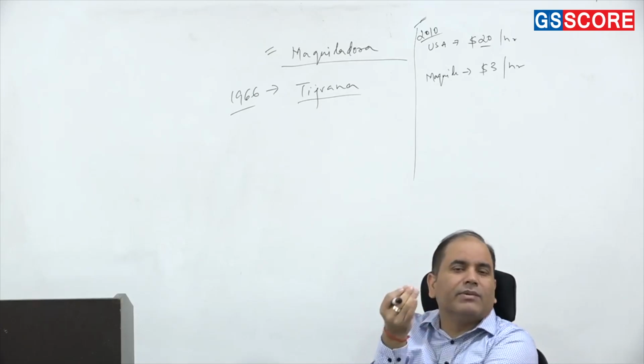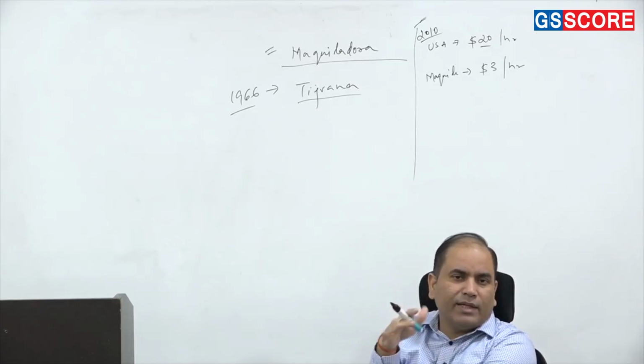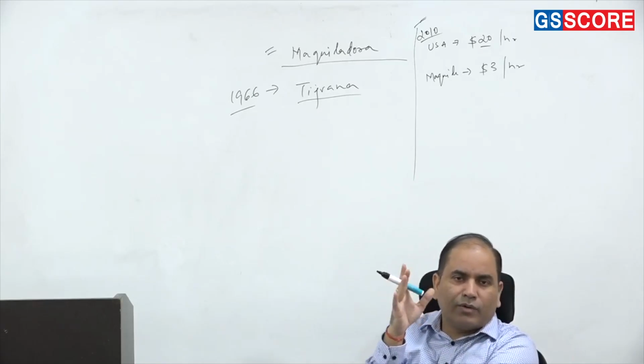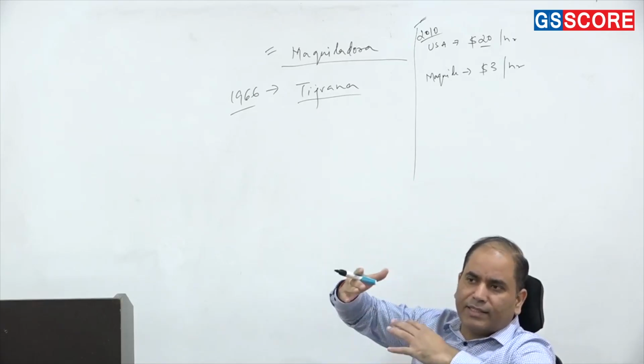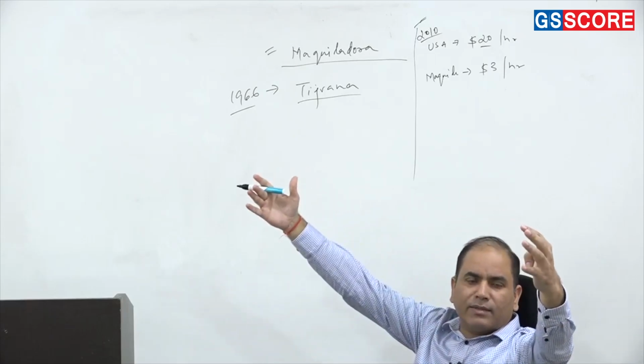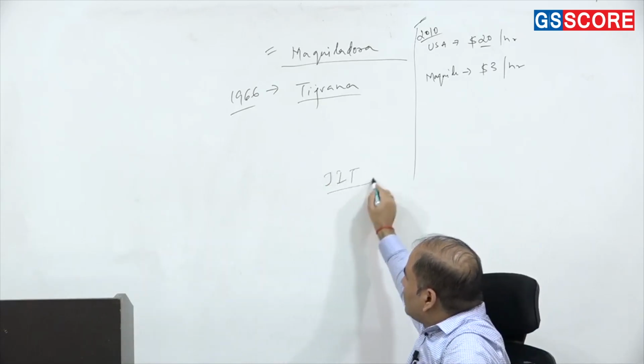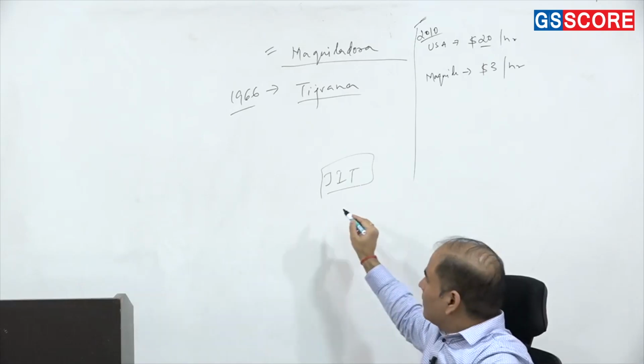First of all, because it's very near to the USA, 20 kilometers away. Most of the industries, be it the electronic industry or the automobile industry, most of the industries of the USA work in this model, that is JIT, the just in time model.